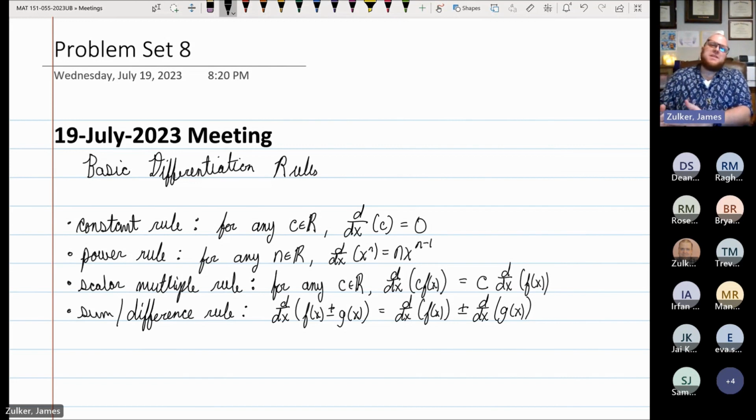Right, so the derivative of f of x plus or minus g of x is the derivative of f of x plus or minus the derivative of g of x. I think that's all of them. That's all the basic ones.